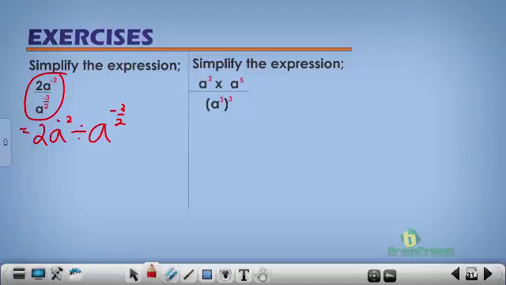Using our quotient of power law, this would become 2a raised to power minus 2 minus 3 all over 2. And of course, this would give us what? 2a raised to power minus 2 plus 3 all over 2.